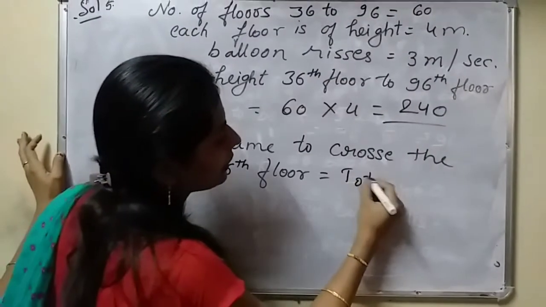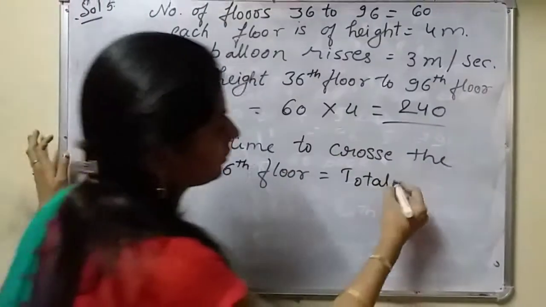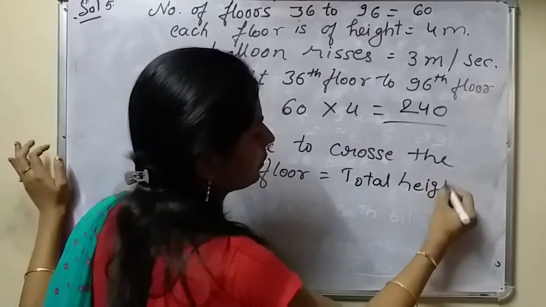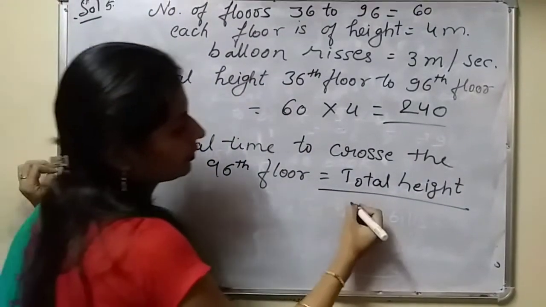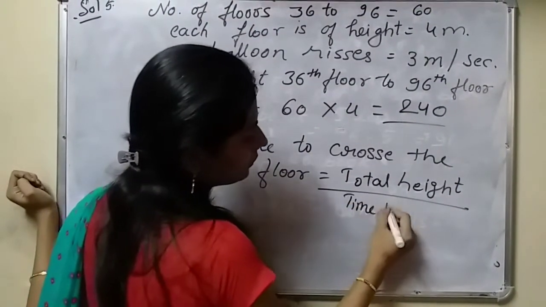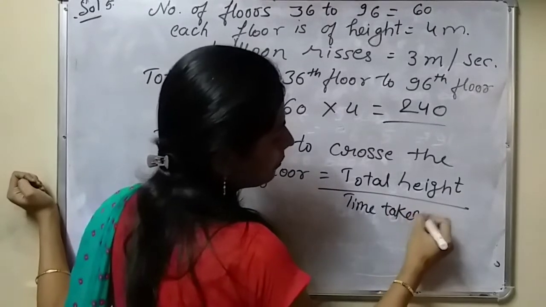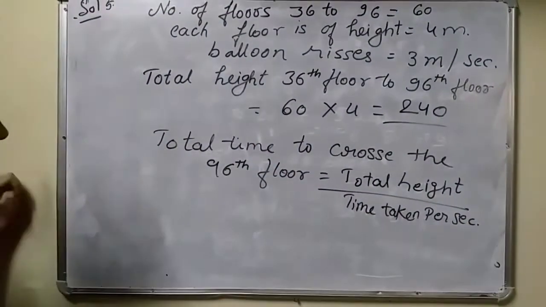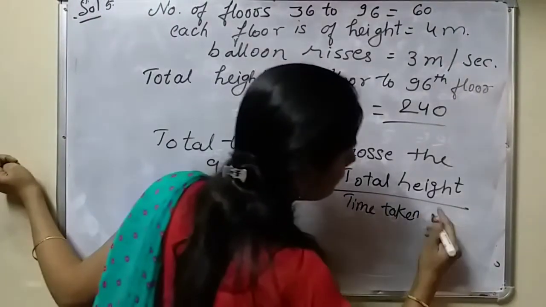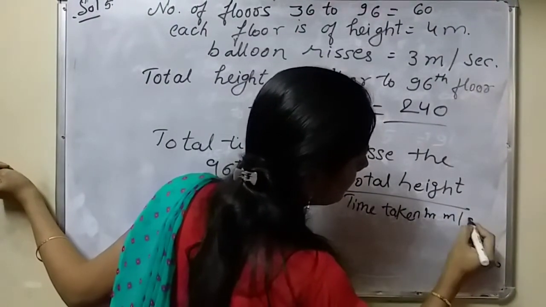Therefore total time is total height divided by speed in meters per second.